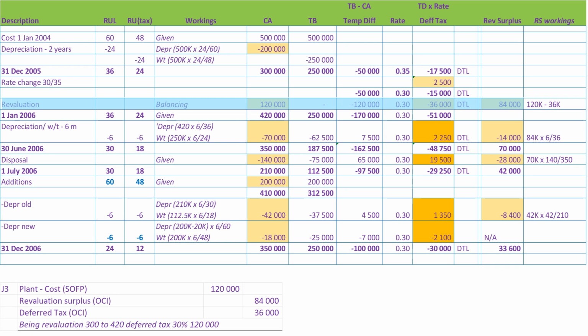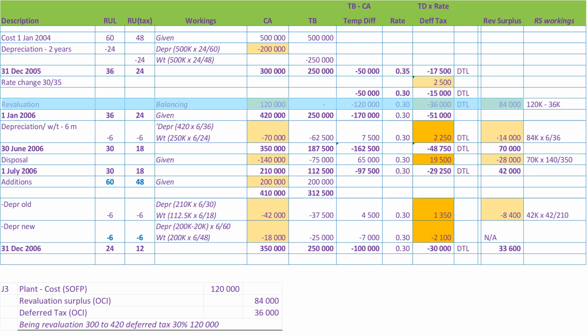To do this, you debit your plant cost, statement of financial position, by 120,000. You credit revaluation surplus, other comprehensive income, by 84,000, and you credit deferred tax, other comprehensive income, of 36,000.